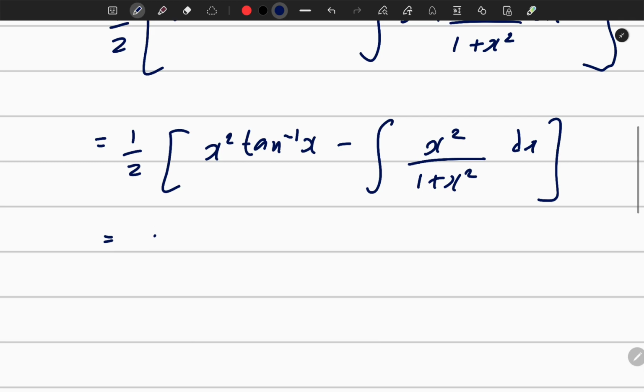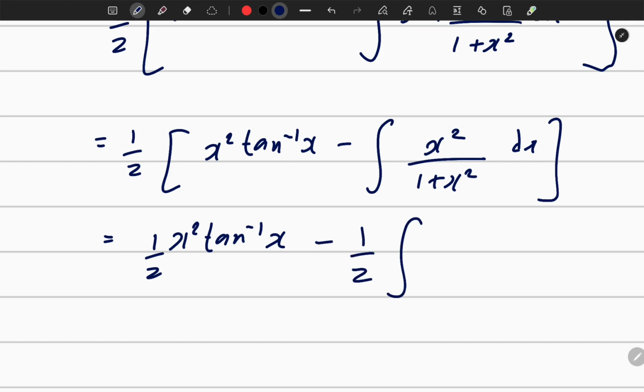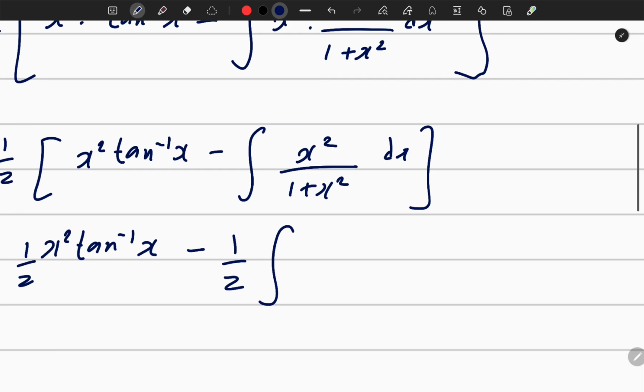I can simplify this as 1 over 2 x square tan inverse x minus 1 over 2 the integral of, okay, now I'm going to write 1 plus x square minus 1, right? Since 1 and 1 cancel, this becomes x square, right?